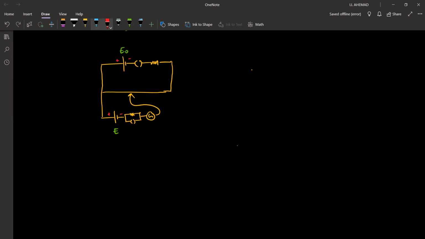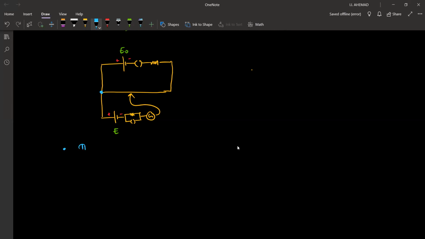So very important part, the first one, you must look if the positive terminal of the battery, the positive terminal of E naught and the positive terminal of E, both of them are connected to one end of the potentiometer. If it is connected in the other direction, you will not get a balance point.